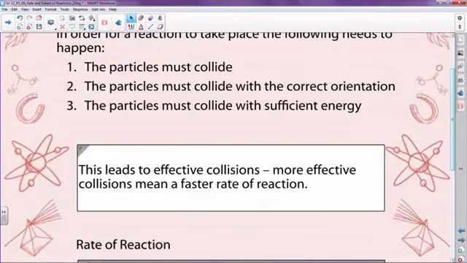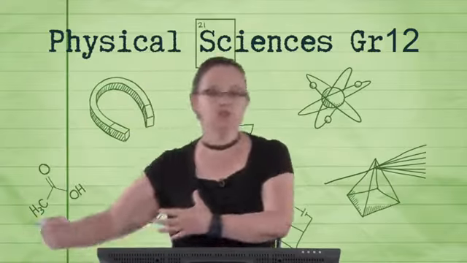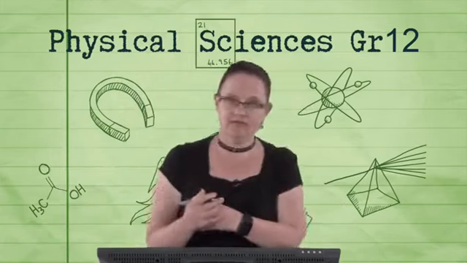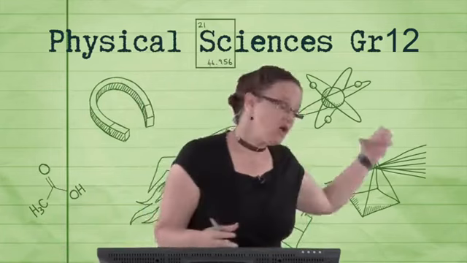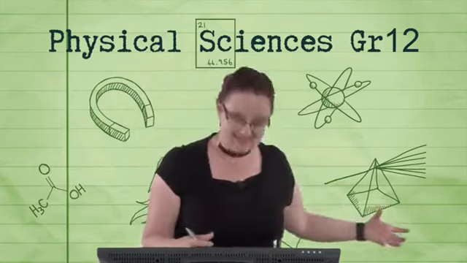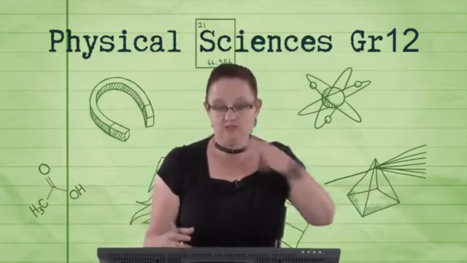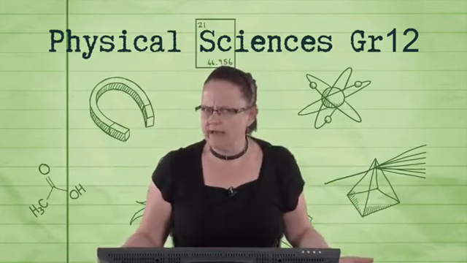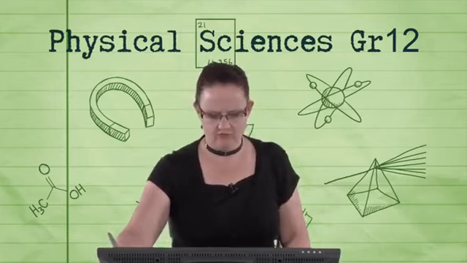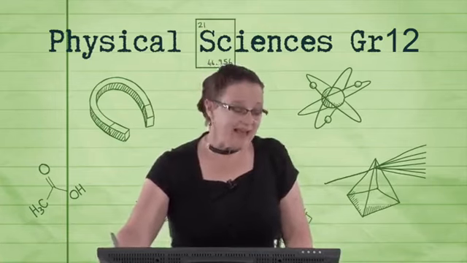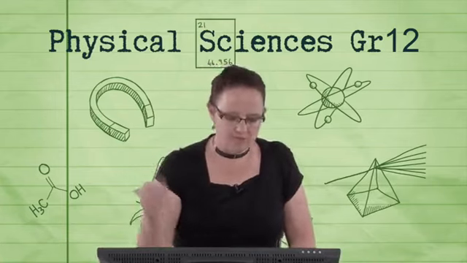In this section, we're looking at what we can do to either lead to a faster rate of reaction, so we lead to a greater number of effective collisions, or we have a slower rate of reaction, so we have less effective collisions. And sometimes we do want to slow reactions down because they're just too fast or they're too violent.